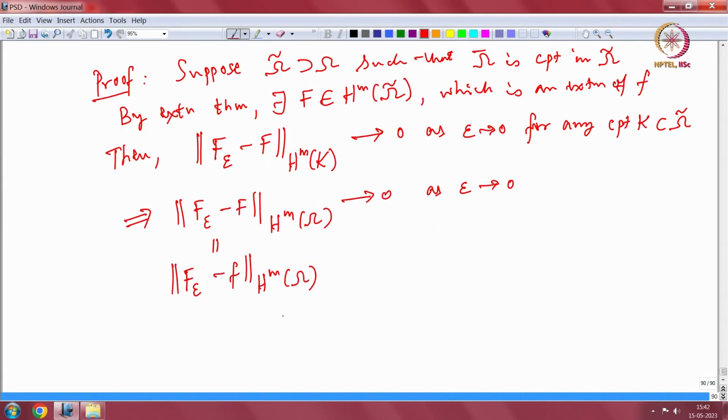And the f epsilons are smooth; in fact they are all C infinity functions, so in particular they are CM functions. So once we have the extension result, the density result easily follows.